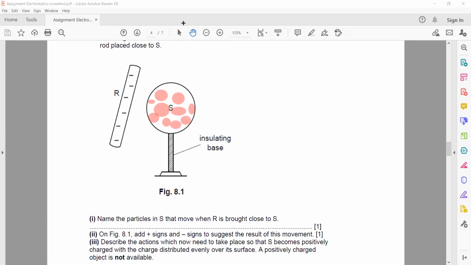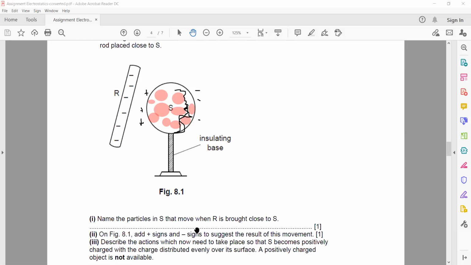But when we bring a negatively charged rod close, the delocalized electrons shift towards one side. So it creates a majority of positive charge on the left and a majority of negative charge on the right-hand side. So the particle which will move is the electrons.